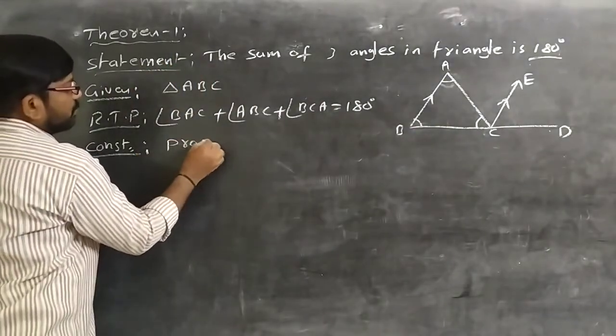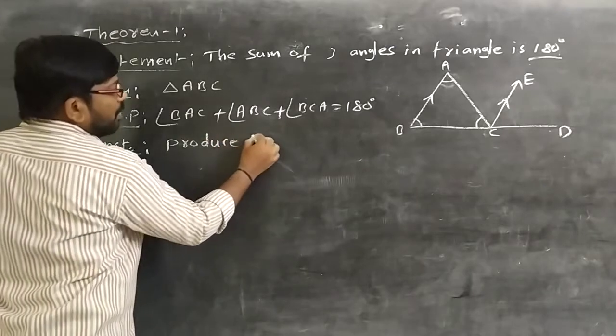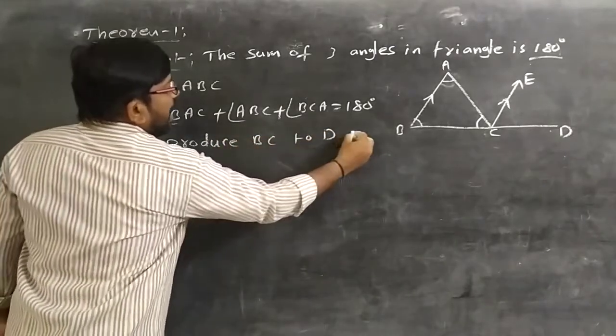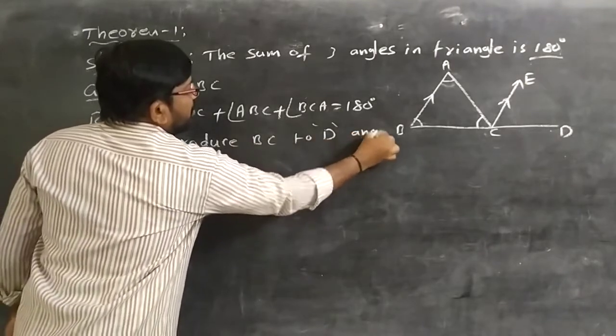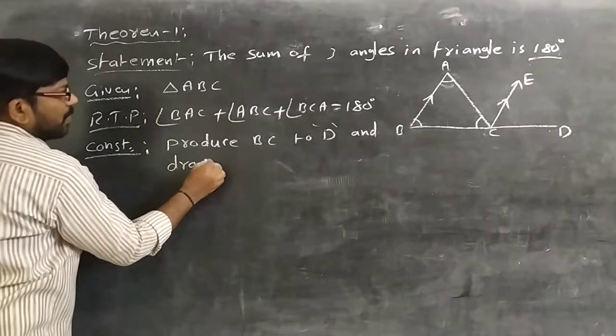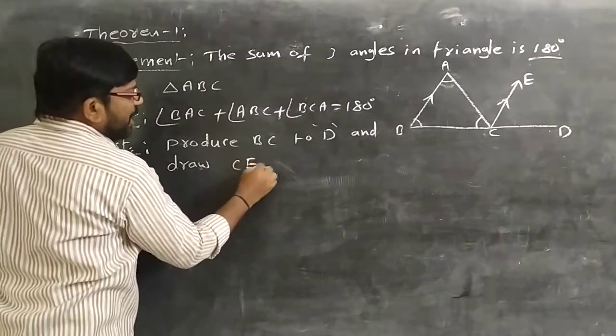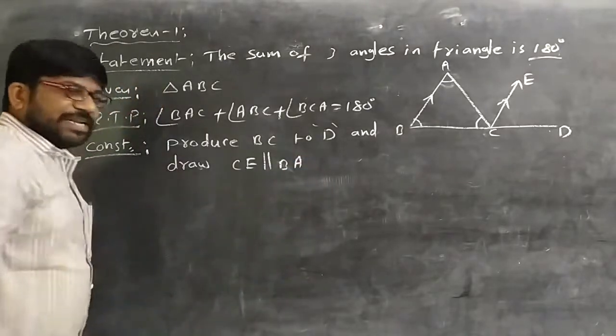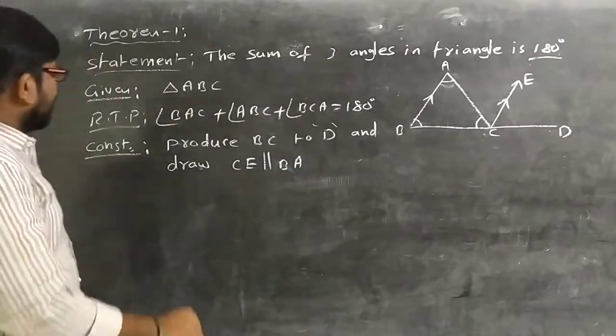Produce BC to D, and draw CE parallel to AB, right? That is the construction, right? Next, proof.